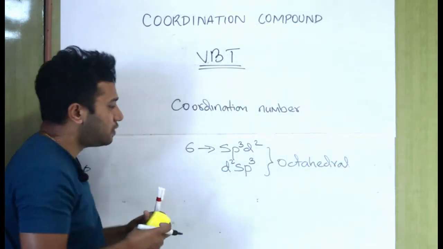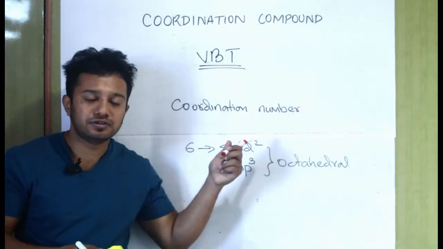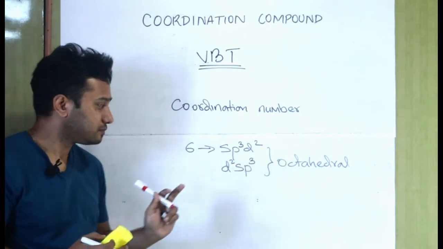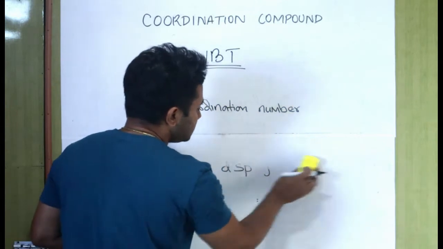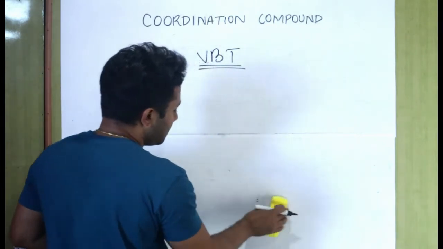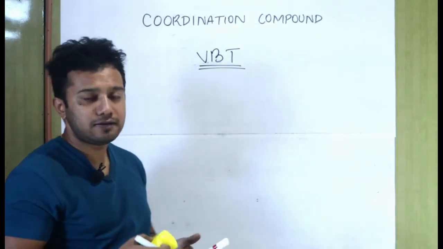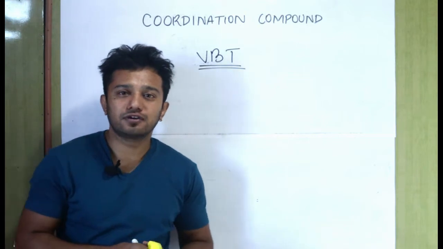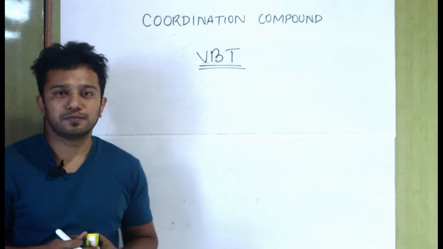So you should remember the hybridization, coordination number, and geometry which I've just written. Using this, we shall find the magnetic properties, hybridization, and geometry of coordination compounds using valence bond theory.